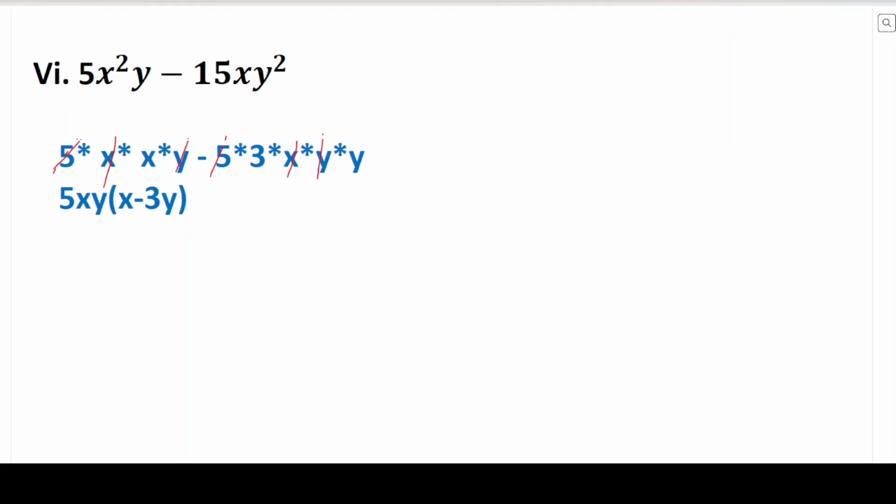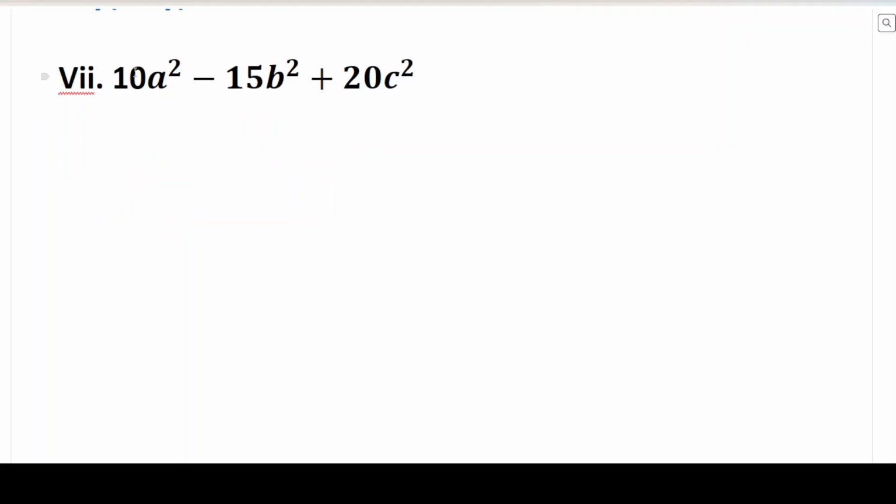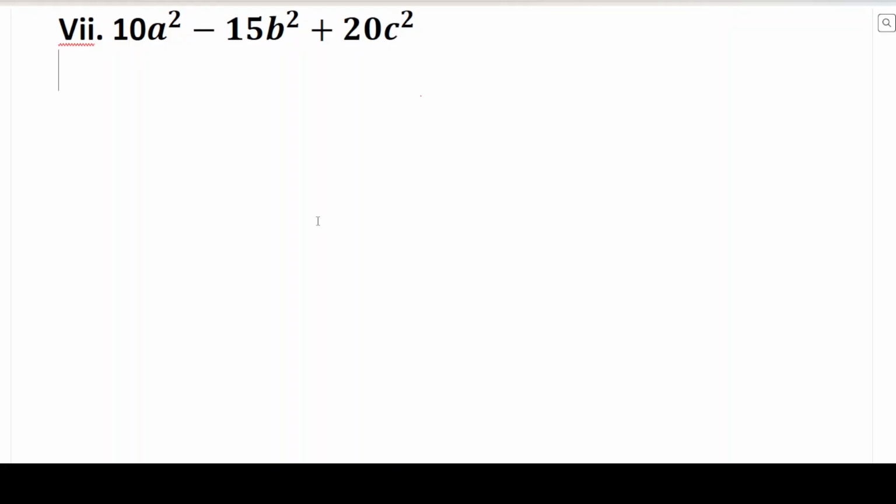So next problem, 10a square minus 15b square plus 20c square. How can we write the 10a square? 10a square factors we have to find. By using the LCM we can find, 2 5s are 10. a square we can write as a into a.